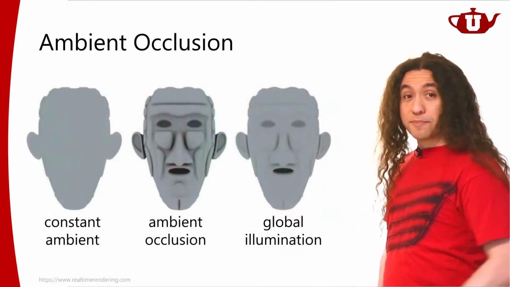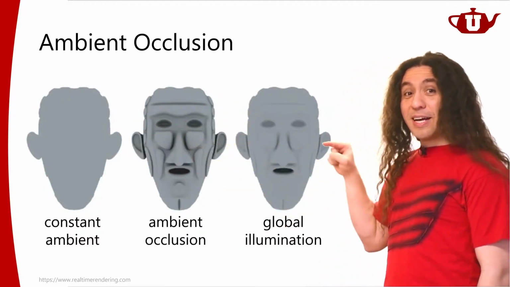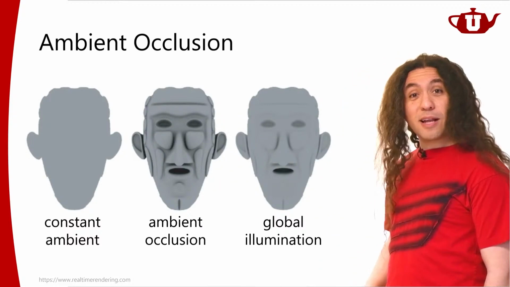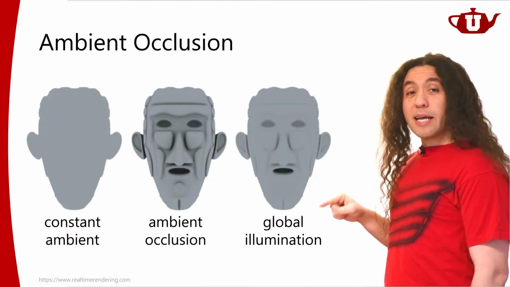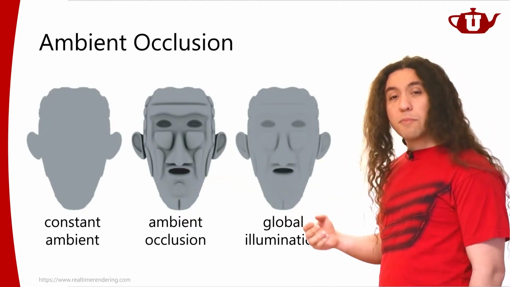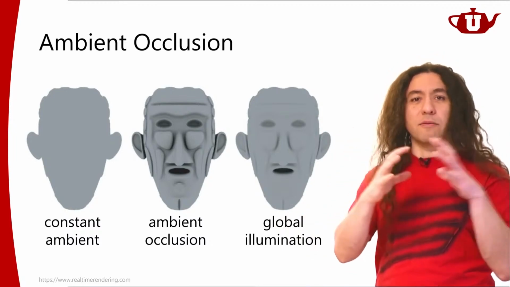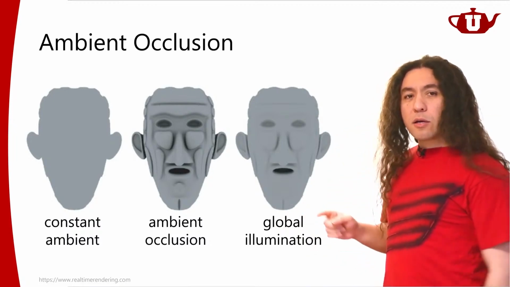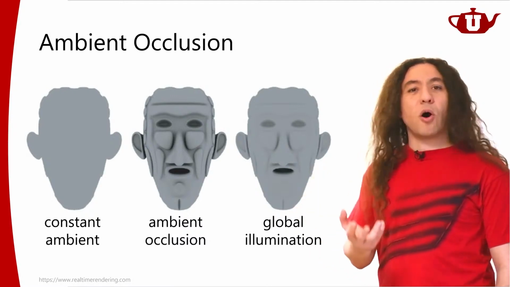Here's an example. Constant ambient, ambient occlusion, global illumination. Now what's happening here? Well, in this case, the light is coming from all directions, just like the ambient occlusion assumes. But ambient occlusion is like a term that I can control based on what kind of radius I pick. Global illumination involves light bouncing around in the scene and all that really more complicated stuff.